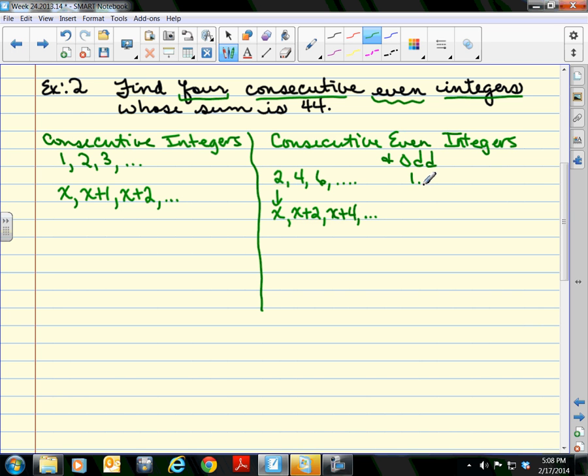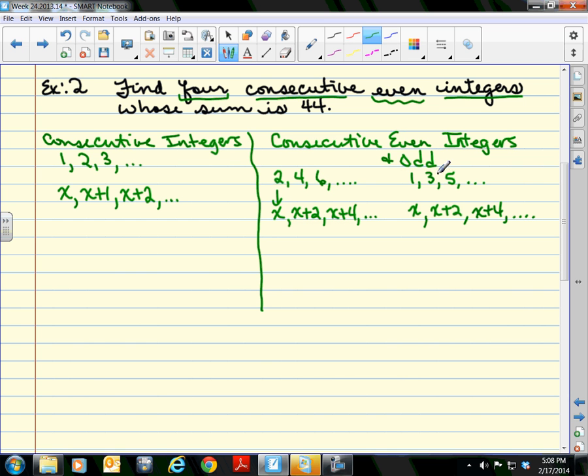Okay, look at what these two have in common. When you have the first number in an odd sequence, again, you don't know what it's going to be, but what do you do to the first one to get the second one in the sequence? You add 2. What do you do to the first one to get the third one? You add 4.